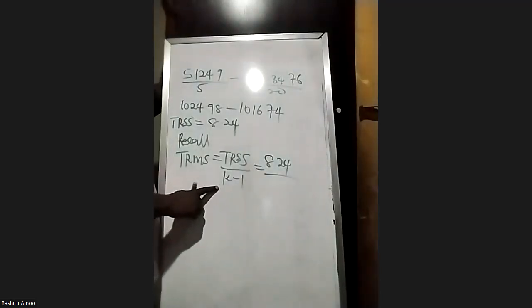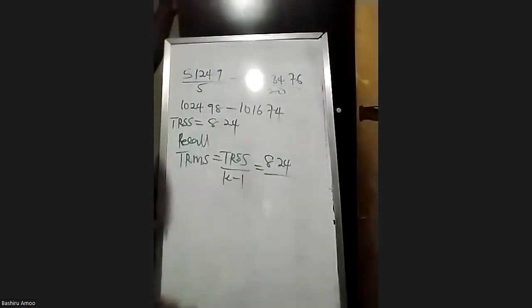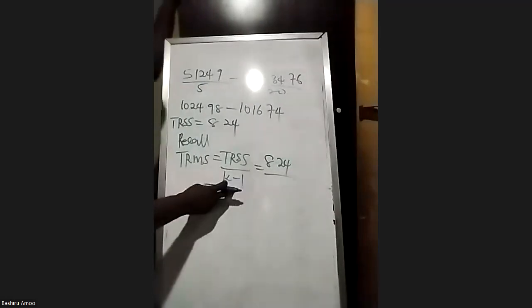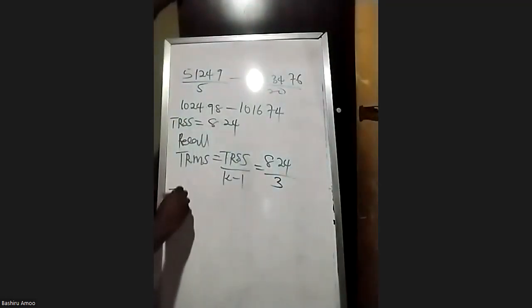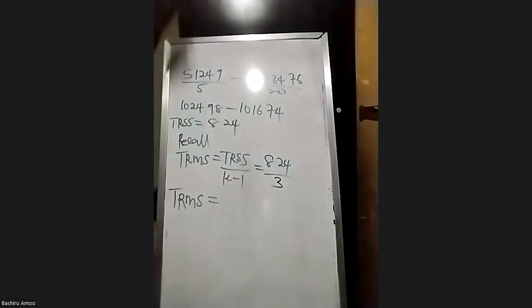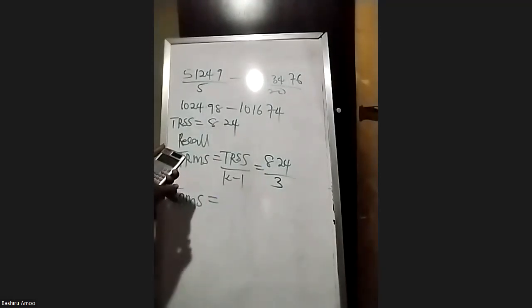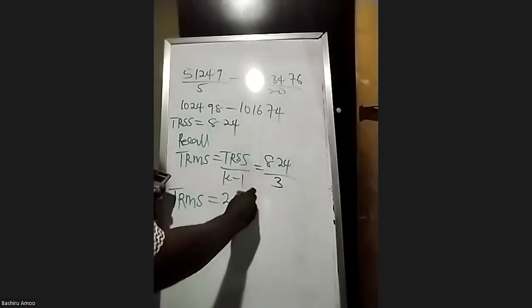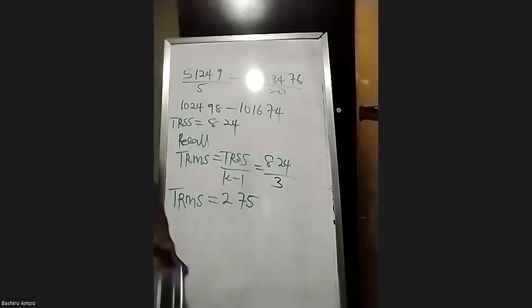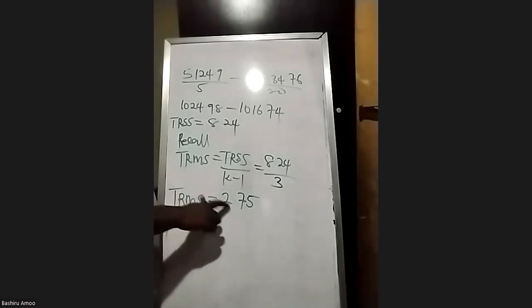We have 4, class. Remember, we have A, B, C, D. 4 minus 1 will give us 3. So the treatment mean square will be 8.24 divided by 3, class. Here we have 2.75, in 2 decimal places. So the treatment mean square is equal to 2.75.